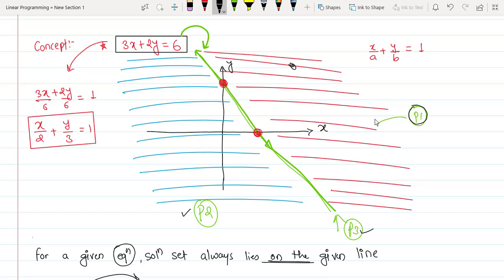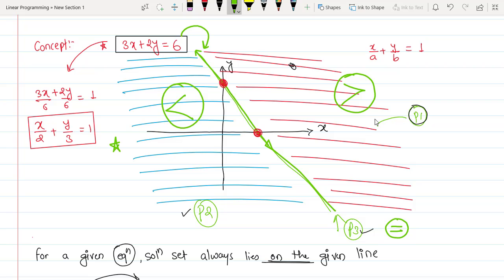Means for this region you will have the greater than sign. And coming to this part 2, if you substitute any value of x and y from this region, you will get a value absolutely less than 6. And definitely on the straight line, if you substitute the value of x and y, you will get equal to. So these are the 3 regions with the 3 inequalities.